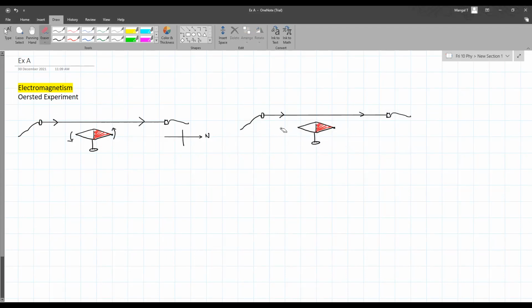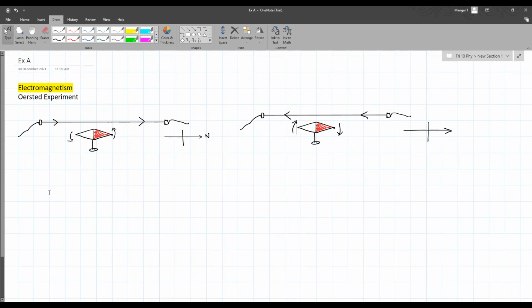Say for example, if you change the direction of current, like if you allow the current now to flow in the opposite direction, so this is the north, and the needle is deflecting this way. So the needle's deflection changes. So the needle is deflecting in the other direction.